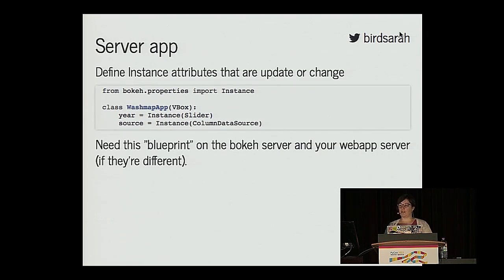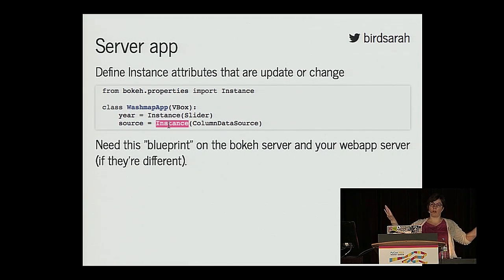So to do that, we create what I call a server app, a little Bokeh app. In particular, we want to specify the instances of things that the server needs to care about. These are the things that, when they change or update, the server needs to know about. Sometimes you host your Bokeh server and your web application server in the same place, and it's totally easy, and the Bokeh examples show that really nicely.